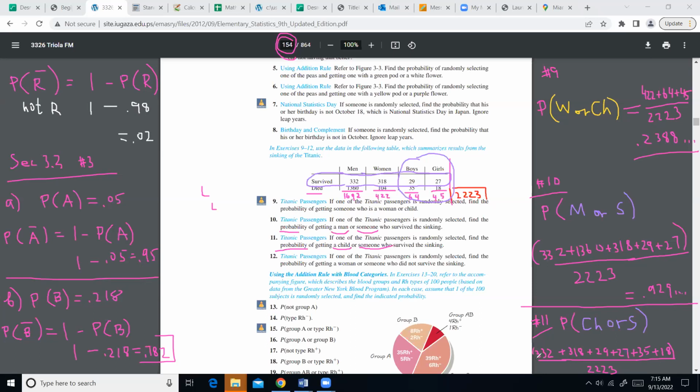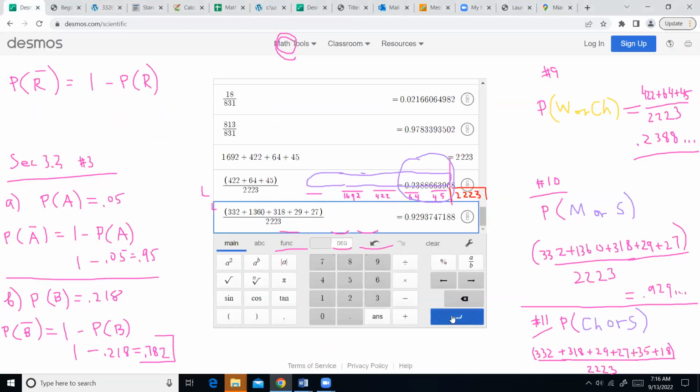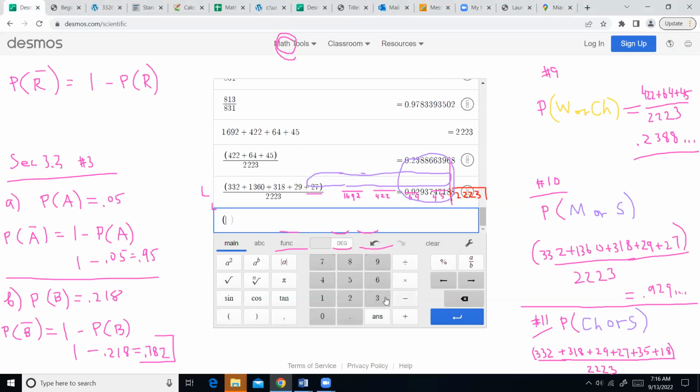And looks like we probably started to get the idea here, how all of this is being solved. Make a picture. Picture helps. So let's do this. 332 plus 318, right? More numbers here. 29, 27, 27, and 35 and 18, and two more, only two more.